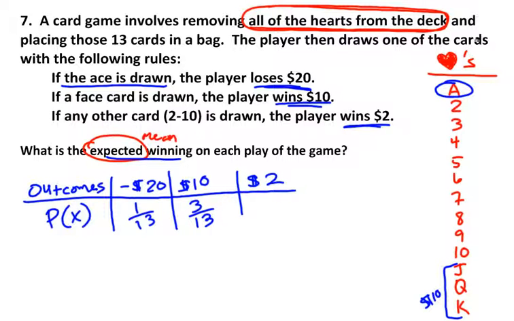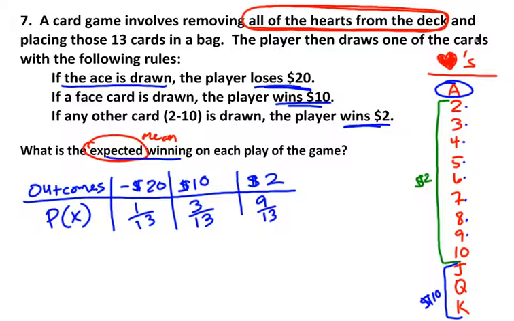The rest of the cards, 2 through 10, are going to make us win $2. And basically all we have to do is make sure that we have something that's going to account for all 13 cards. That really only leaves us with 1, 2, 3, 4, 5, 6, 7, 8, 9 cards out of 13.